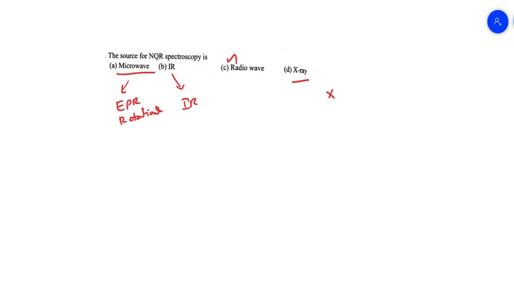And with X-rays, you can use X-ray photoelectron spectroscopy. One more spectroscopy is UV, which is the common photoelectron spectroscopy. In case of gamma rays, they are used in Mössbauer spectroscopy. The answer is radio frequency.